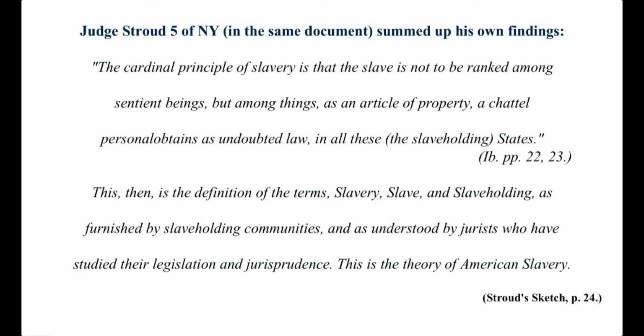In all these slaveholding states. This then, he says, is the definition of the terms slavery, slave, and slaveholding, as furnished by the slaveholding communities and as understood by jurists who have studied their legislation and jurisprudence. This is the theory of American slavery.